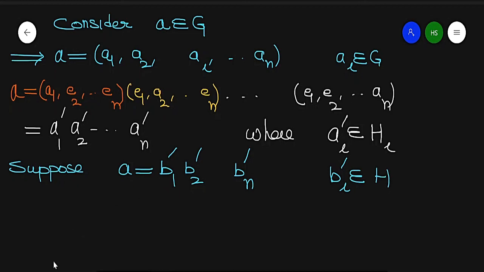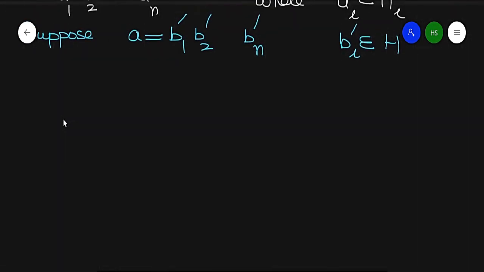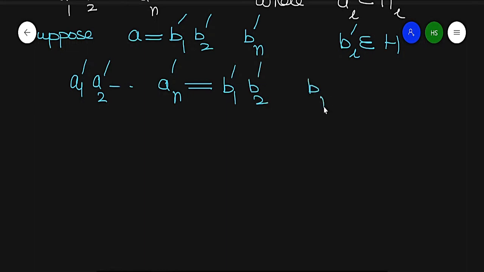Now both are equal. If both are equal, this can be written as A1 dash A2 dash ... An dash, which is equal to B1 dash B2 dash ... Bn dash. Clear? Now substitute its value and take the product. What does it become?